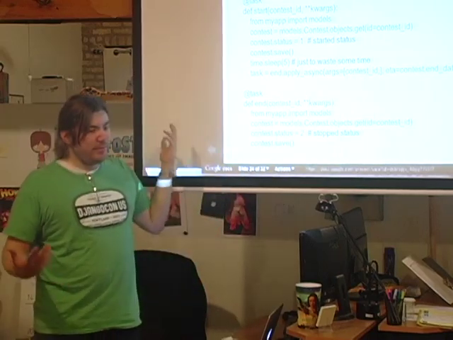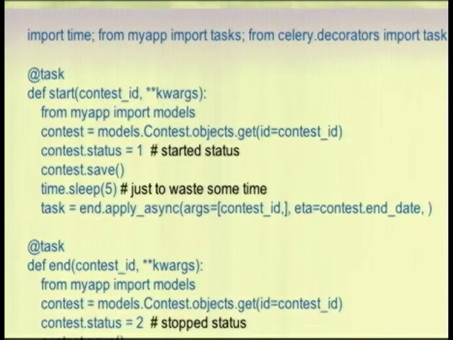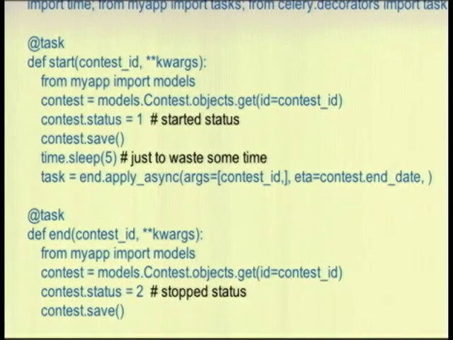So whatever I set my end date to in the contest, it would schedule that task at that end date. Here's my end task, basically doing the same thing, except it's setting the status to the stop status. You can chain these things, so when this one runs, it will schedule the next one, and when that one runs, it will schedule the next one.